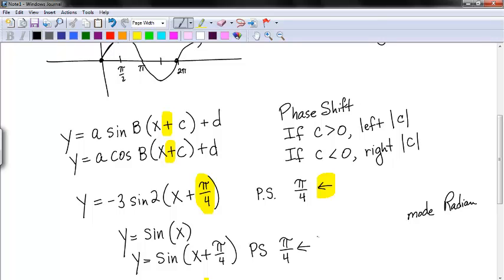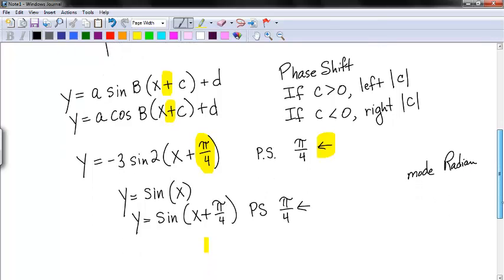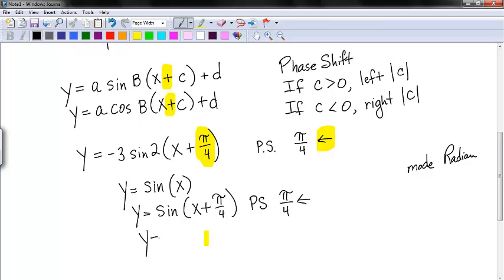So it's a plus sign, but it's sliding the whole graph to the left. If I do y equals sine of x minus pi over 4, then that's a phase shift of pi over 4 to the right. So it's just kind of opposite of what you think it should be. Everybody okay with that?